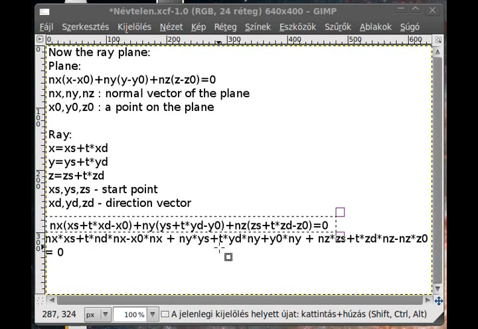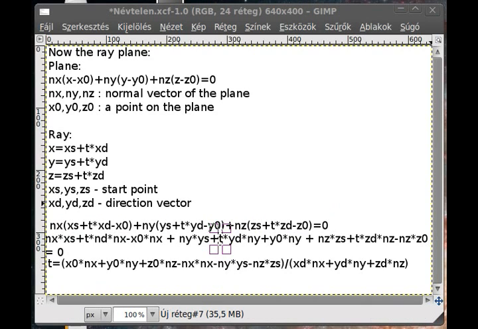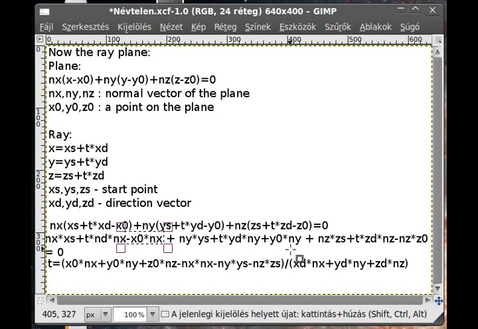Okay, but we want to know the t, so I just move everything which is not t to the other side. First of all, I start with the negative expressions like this, and there are 3 more of these. Then I subtract the other expression like this, nx times xs. So everything which doesn't contain a t, I subtract and add. What contains a t, I will divide by.